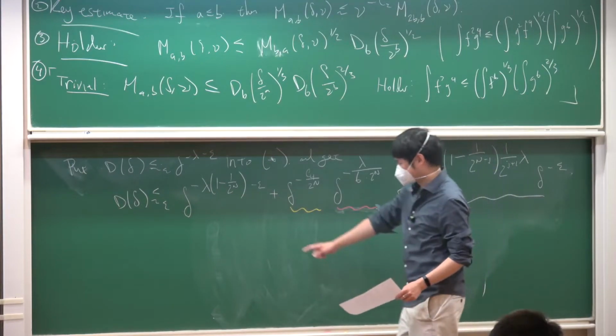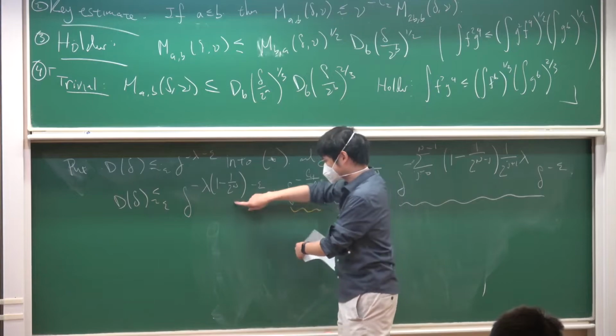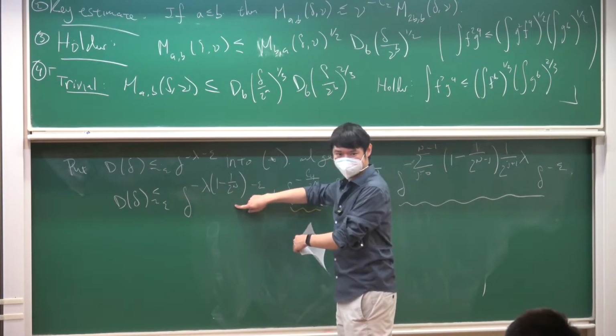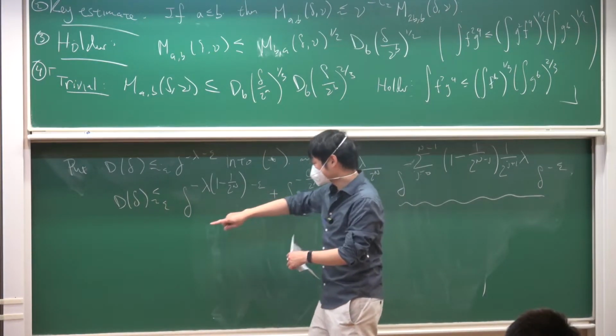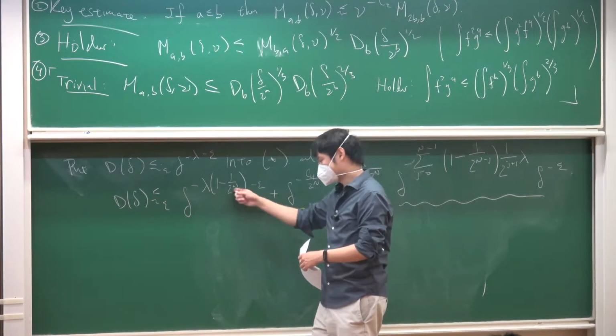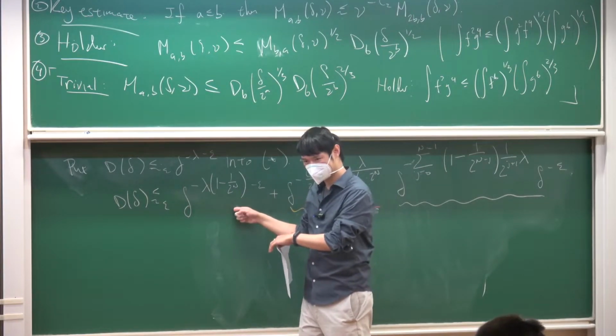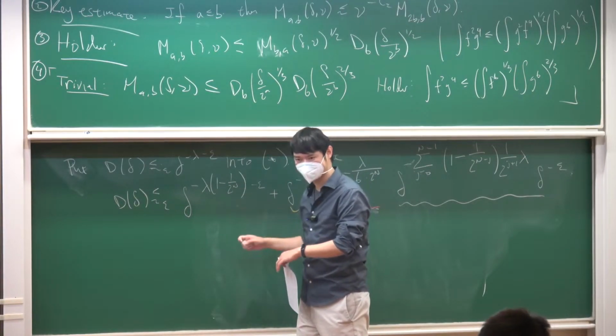Hopefully this is less than this term. If it is, then we have just shown that d of delta is less than this. Let's say we chose n so that this happened. Let's say n is 1,000,000.